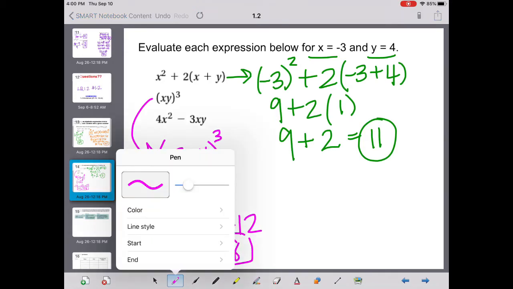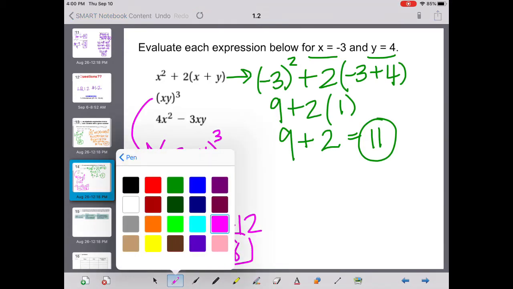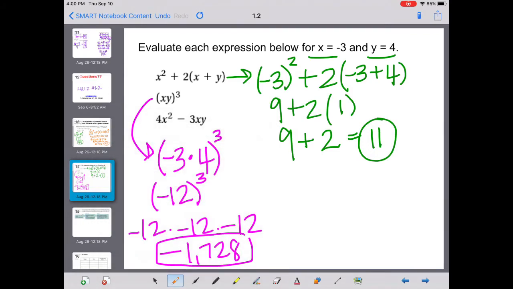This last one on this page gives you 4 times negative 3 to the second power minus 3 times negative 3 times positive 4.